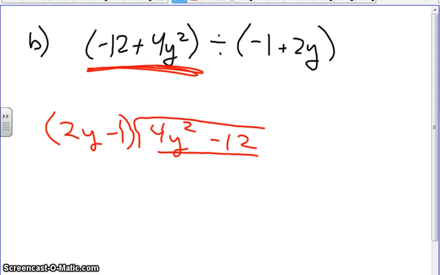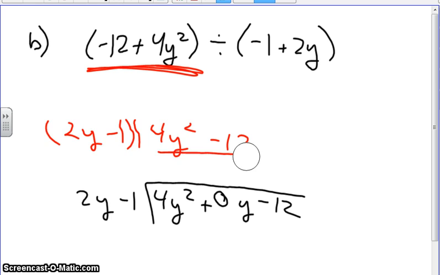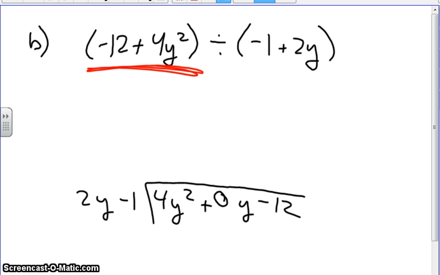Do you see that? So when you have a binomial that's a second degree like this, we could rewrite it. And we could say this, 4y squared plus, how many y's do we have? Just plain old y's. 0 y's, right? Minus 12. And now we're going to divide that by 2y minus 1. So we're expanding this out. We don't have any y's, but we now have that place.